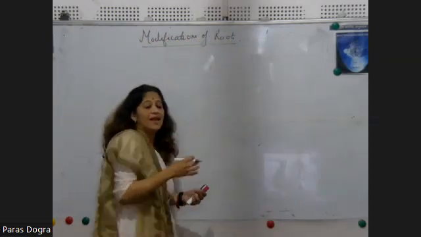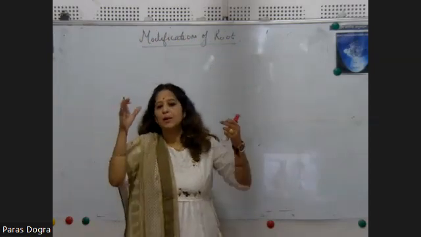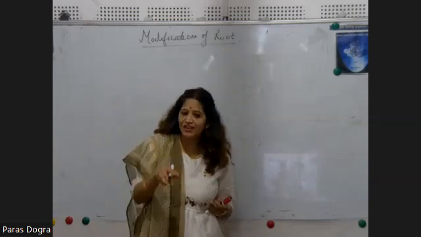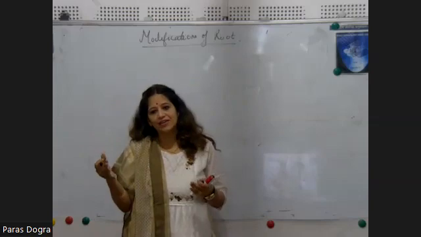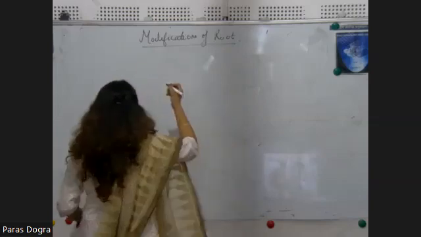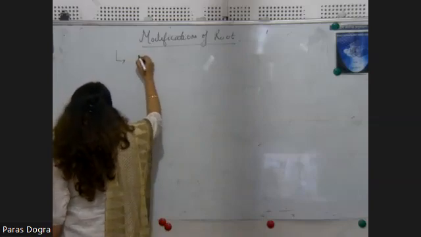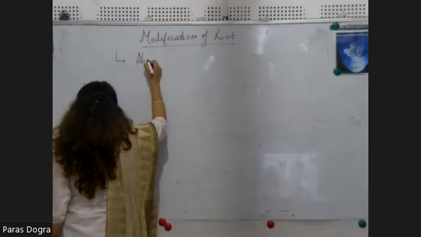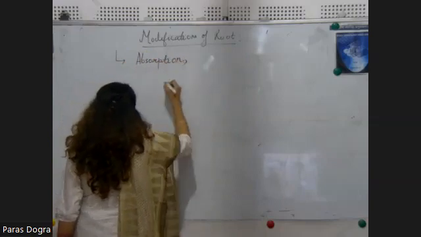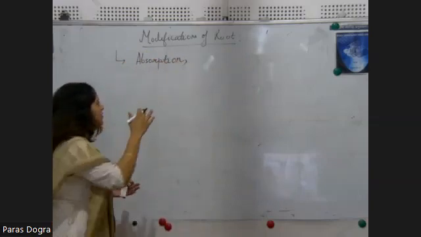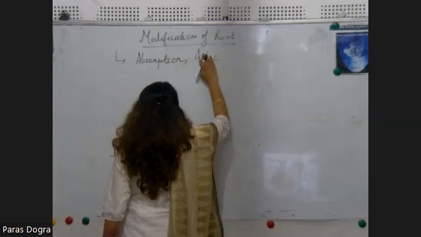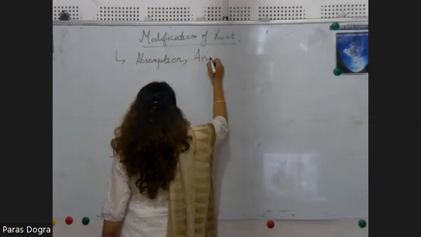The root is the descending portion of the plant which is non-green. It is positively geotropic and negatively phototropic. So the main function of the root, as you all know, is absorption of water, and then it anchors the plant firmly to the soil.